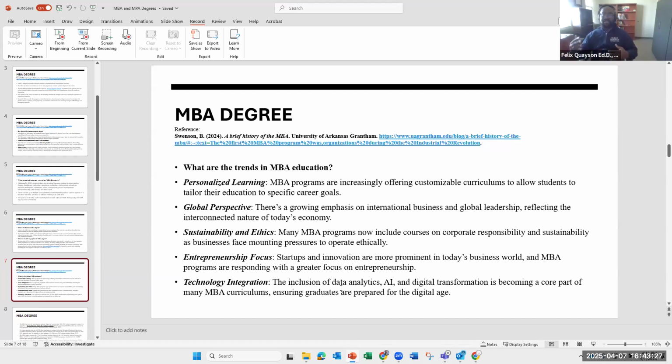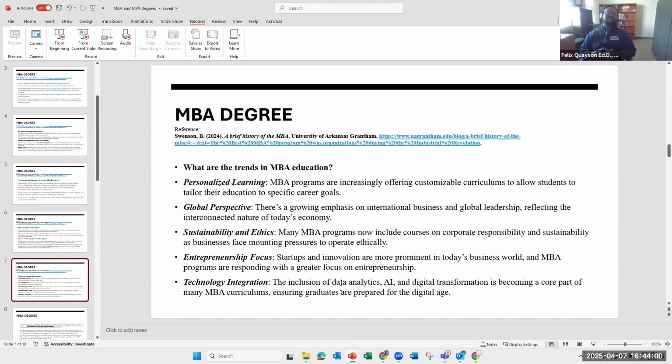If you go to China, Singapore, Europe, or Africa, there are a lot of startup companies and innovators around in today's market. So they are the entrepreneurs of the business world, and MBA programs with an entrepreneurship focus are responding with a greater focus on entrepreneurship for professional students who want to go into that career field.